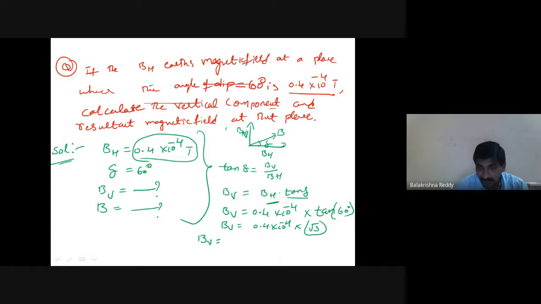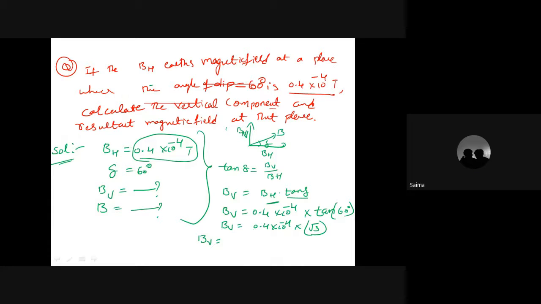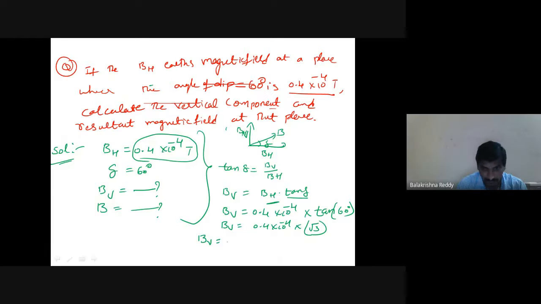So 0.4 into 10 to the power minus 4 into root 3. Root 3 value, any idea? It is 1.732.